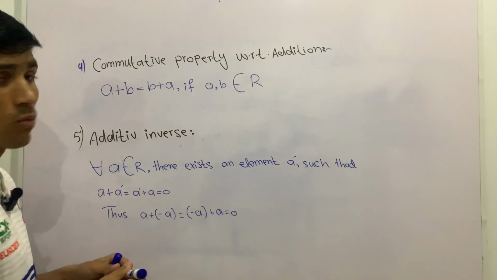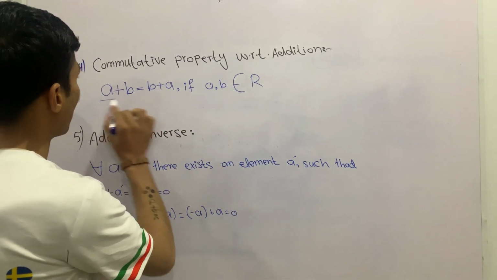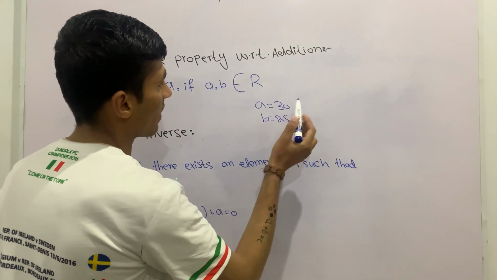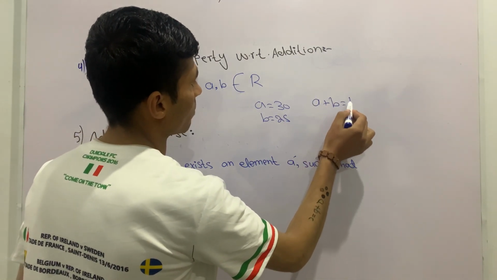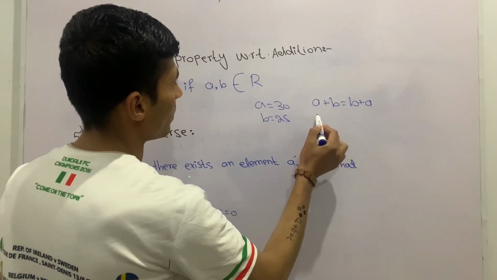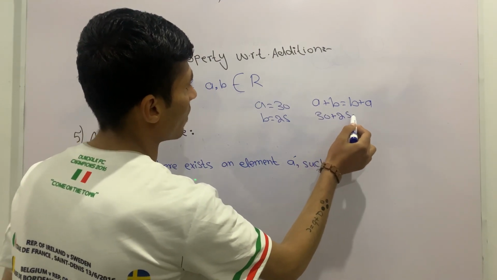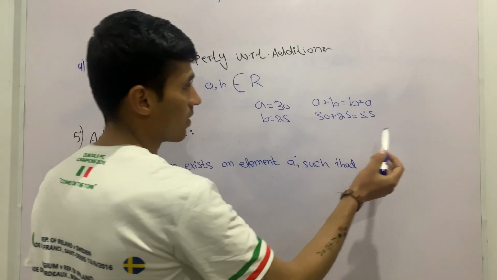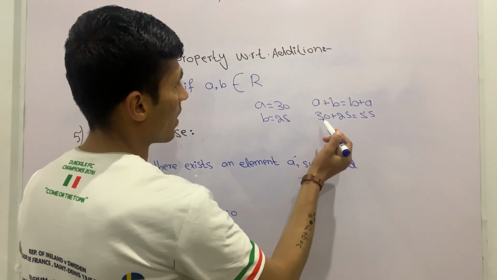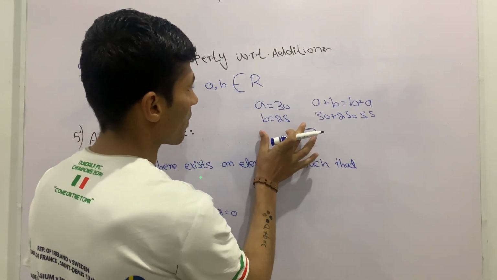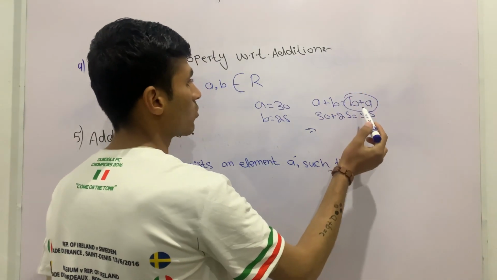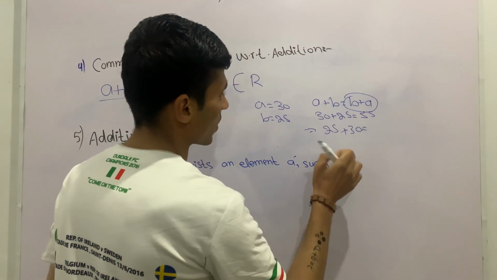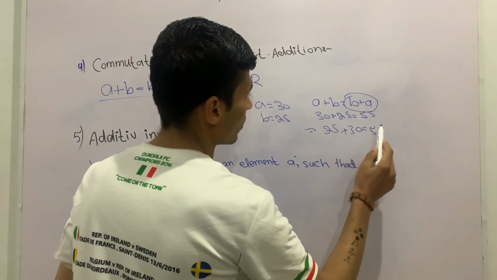Look here, I want to show you examples. If a equals 30 and b equals 25, a plus b equals b plus a. 30 plus 25 equals 55. Now I'd like to apply this rule: b plus a, 25 plus 30 equals 55.